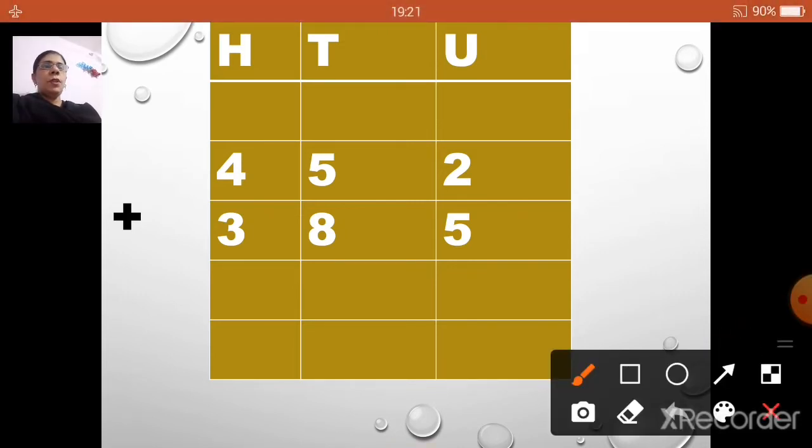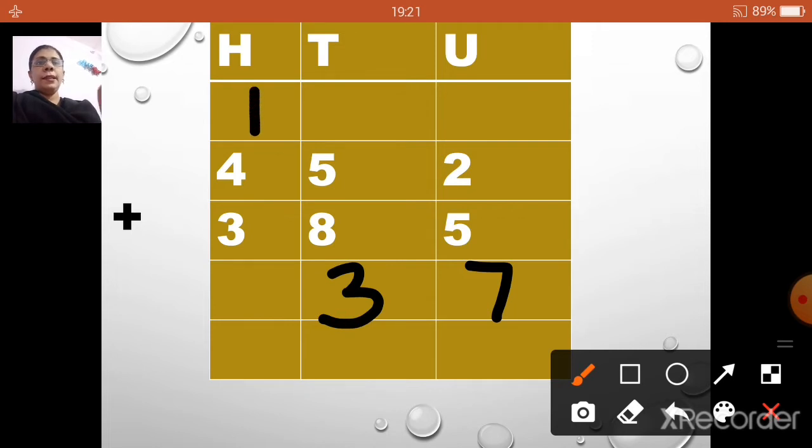Let us add 2 plus 5. 2 plus 5 is 7, correct. 8 plus 5: 9, 10, 11, 12 and 13. For 13, I am going to write 3 and carry over 1.